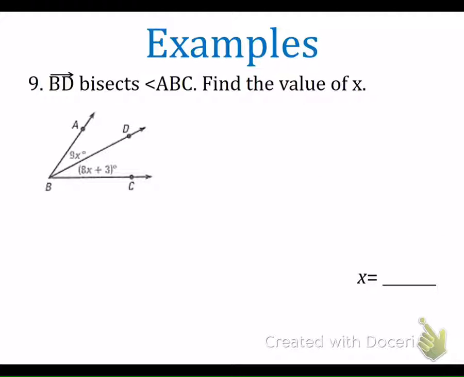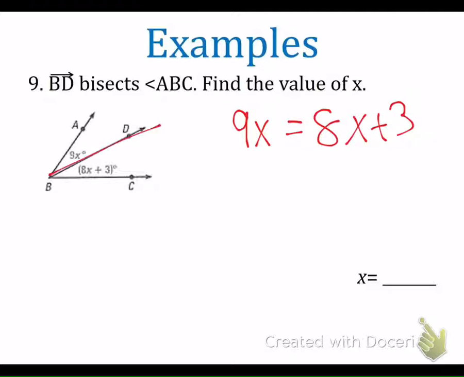All right, here's number 9. So this one's a little different. What should I do on this one? You haven't written an equation. Where can you find the angle first? I agree that we need to find x by writing an equation, but no one's given me an equation. 9x equals 8x plus 3. Good.